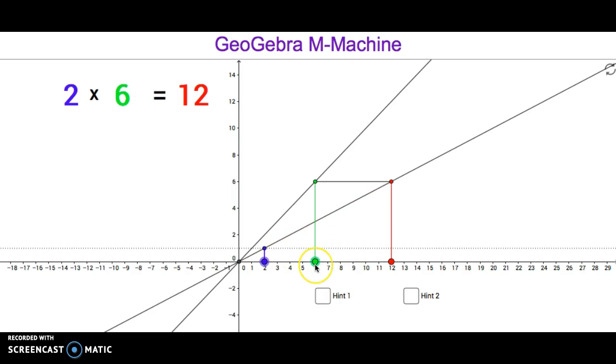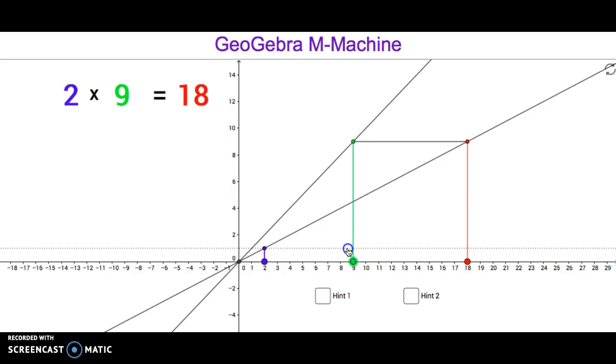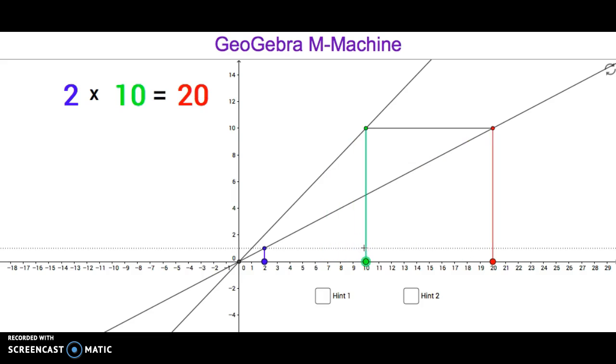The green point is always moving along the y equals x line, which means that as my x is changing, y is changing by the same value. The values are going to equal each other, y equals x.